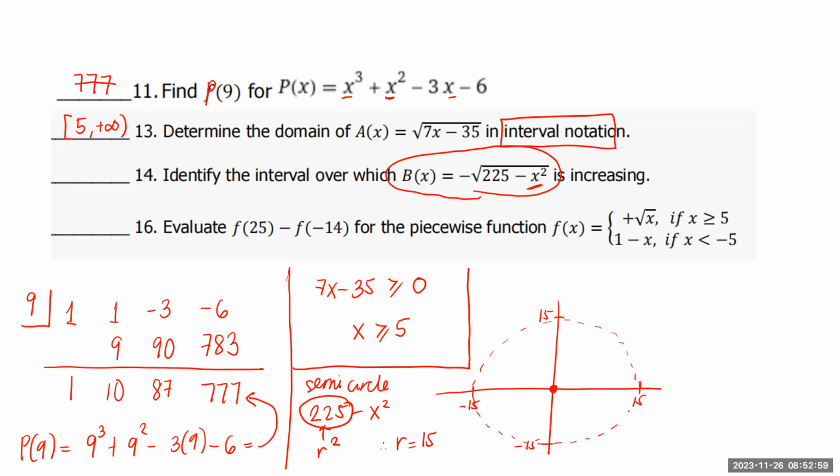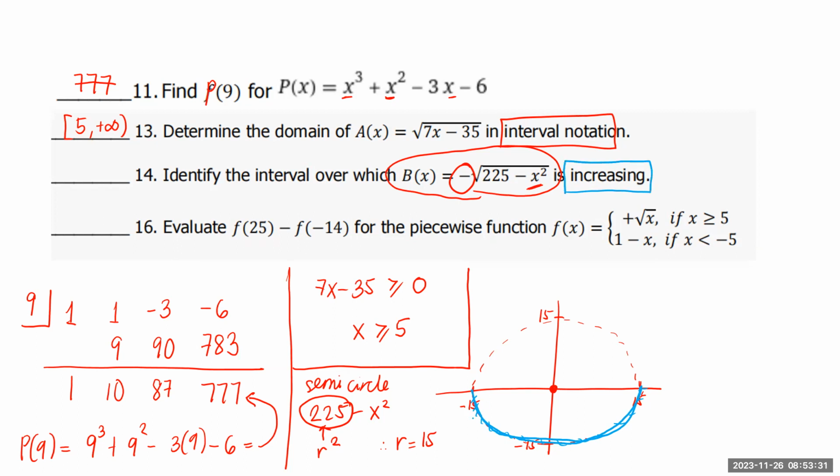But since we have a semicircle, it's either the upper part or the lower part. So alin ang pipiliin natin? Take note that meron tayong negative sign dito. Therefore, we should pick the lower part. So this is your semicircle. And how do we get the increasing interval?